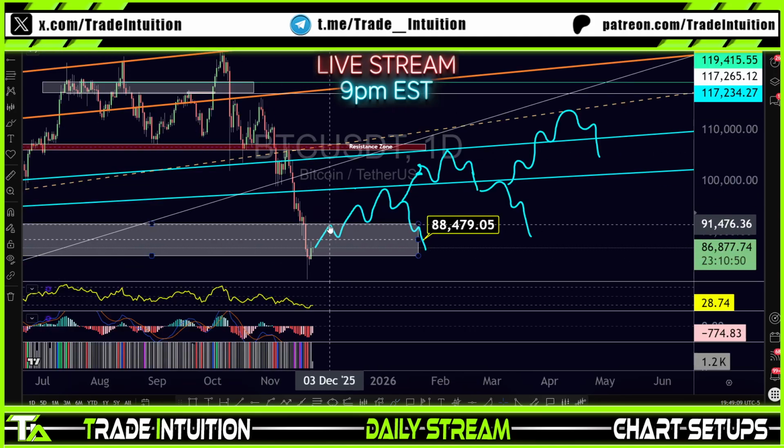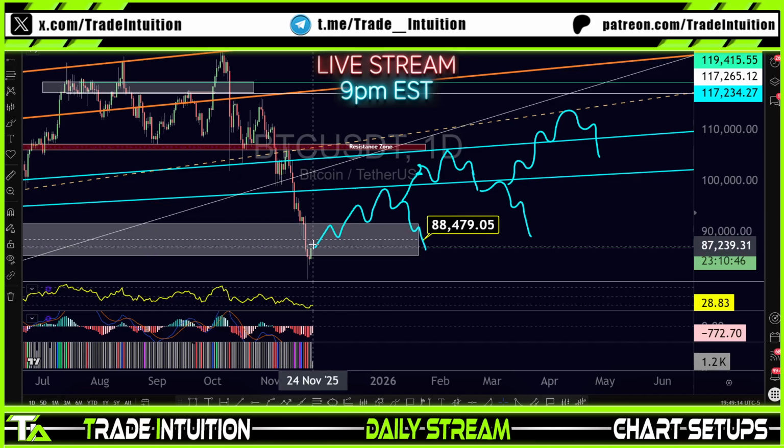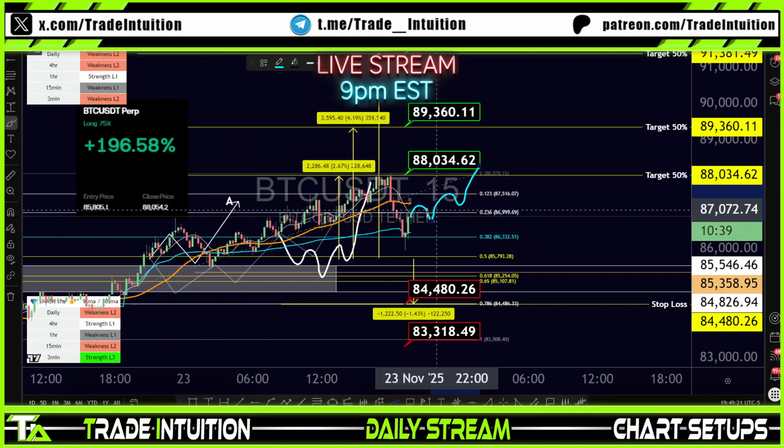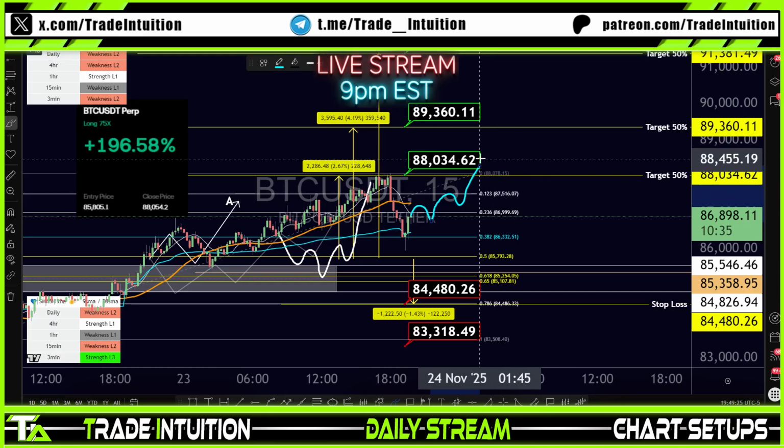My really great level that I'm looking at for potential resistance is right here, right around 91.6. So again, that's what I'm looking at, which is way up here. And it just takes time for us to get there.